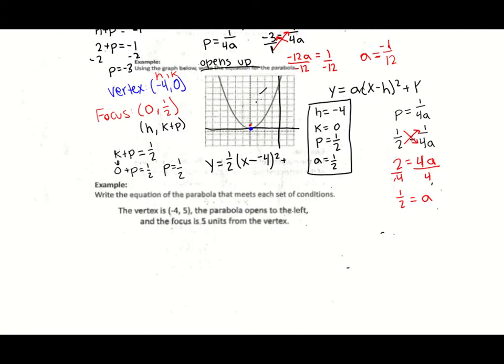This should be k. And our k value is 0. So if we simplify this equation a little bit, we get y equals 1/2 times x minus a -4, which is the same as x plus 4, and plus 0, we don't need to include that. So this is our final answer.